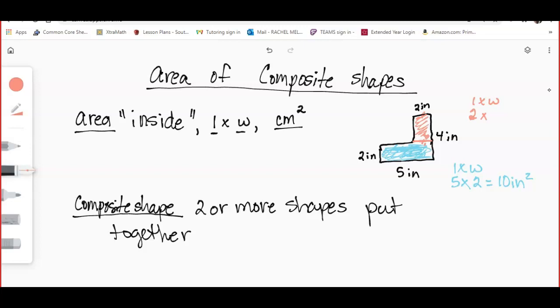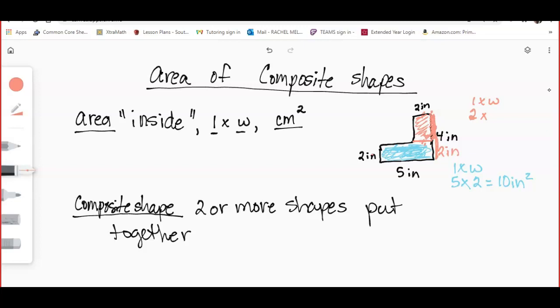Okay? Well, if this whole thing is 4 inches, but I only want this part, what I'm going to do is I'm actually going to take the information from this side and put it over here. Because remember, in this blue rectangle, if this one side is 2 inches, this side is also 2 inches.